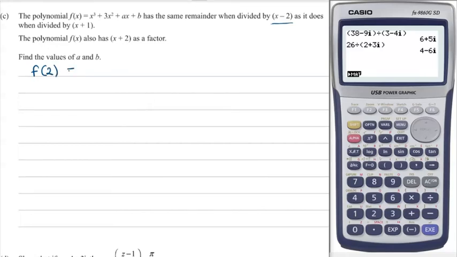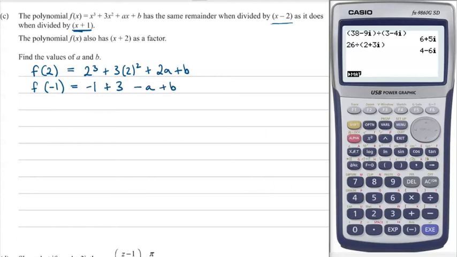So if we put that in, we will get 2 cubed plus 3 times 2 squared plus 2a plus b. From this other factor, we put in the root of minus 1. So minus 1 cubed is minus 1. And then we've got 3 times minus 1 squared, that's a plus 3. Then minus a and plus b.